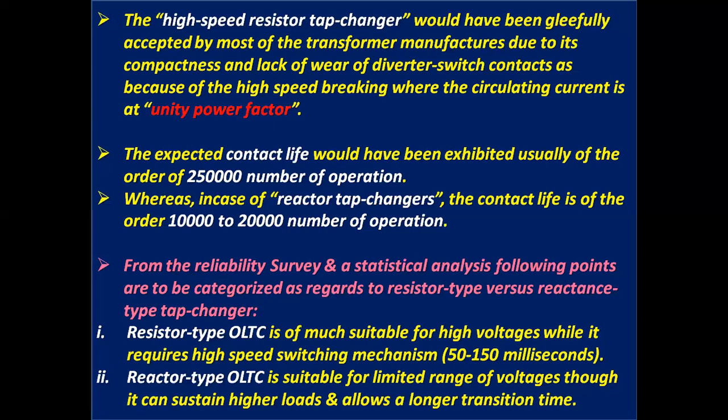Reactor type OLTC is suitable for a limited range of voltages, though it can sustain higher load and allows a longer transition time. That is, higher current it can withstand, it can sustain.